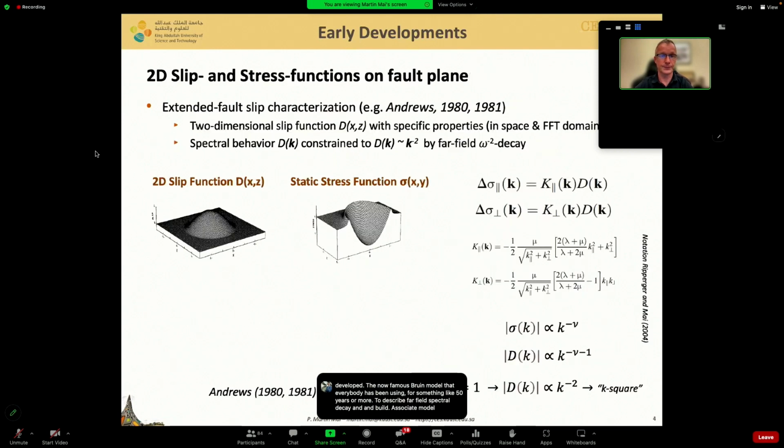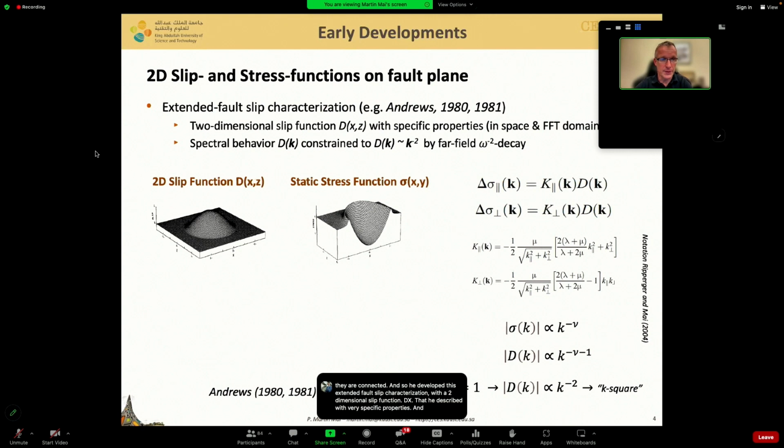About a decade later, Joe Andrews looked at how slip or stress might be distributed on the fault and how they are connected. And so he developed this extended fault slip characterization with a two-dimensional slip function, D(x,z), that he described with very specific properties.